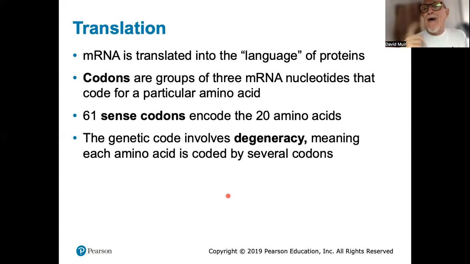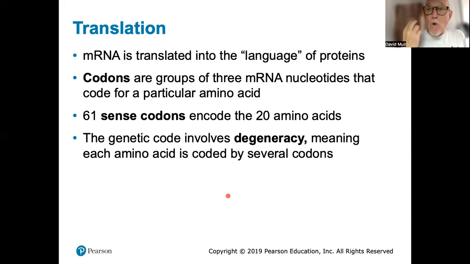If I look at the math of it, I've got 4 letters and I've got words made of 3. That means I can make up 64 words. 64 words can be made from those 4 letters. Those words are called the codons.